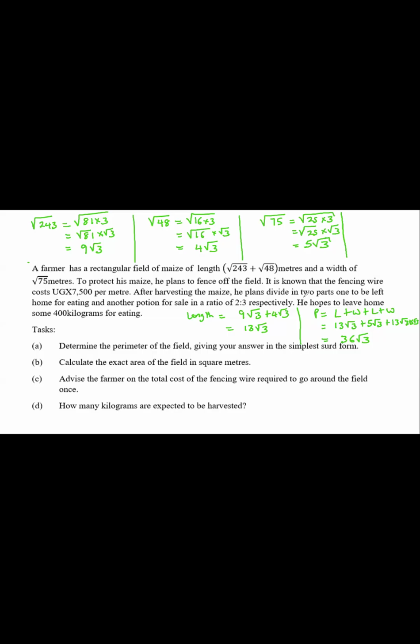Okay, let's look at part B. Calculate the area. People are getting 195.